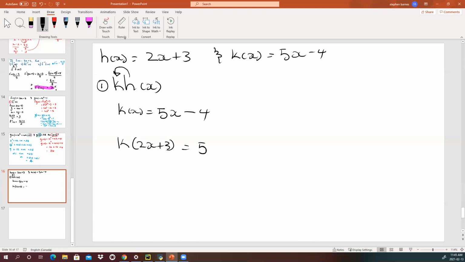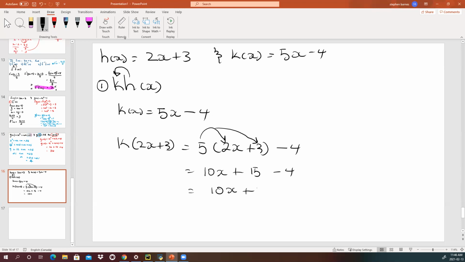So it means it's 5 times 2x plus 3 minus 4. So then you're working it out. 5 times 2x is 10x. 5 times 3, 15 minus 4, 11. 10x plus 11. All right.